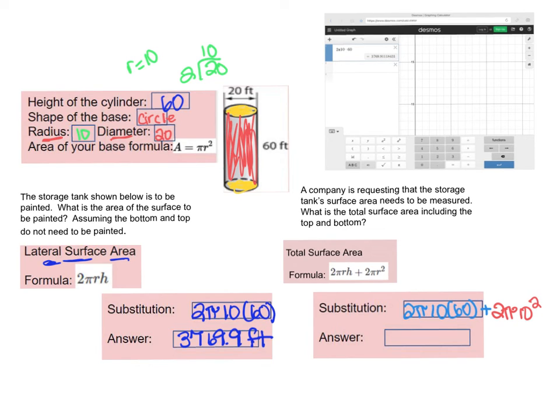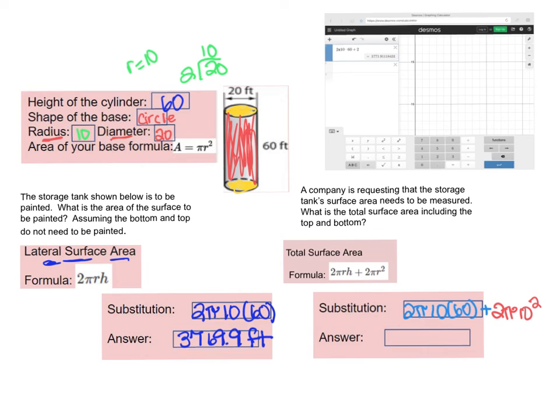squared. One thing neat about this is I could either copy and paste onto line 2 on my Desmos, or I could just continue on because I already have the lateral surface area typed in, and put a plus sign and then 2.